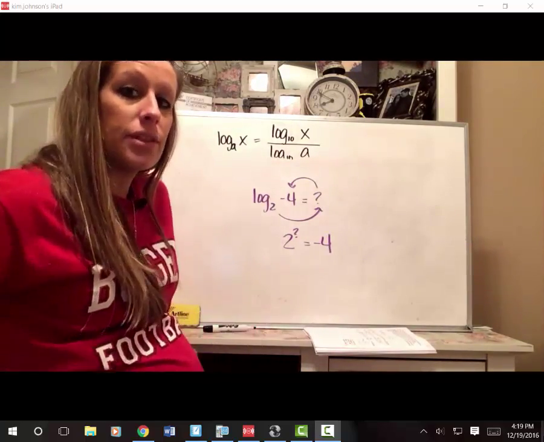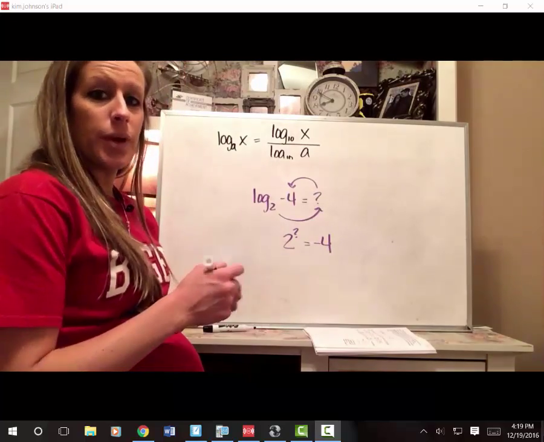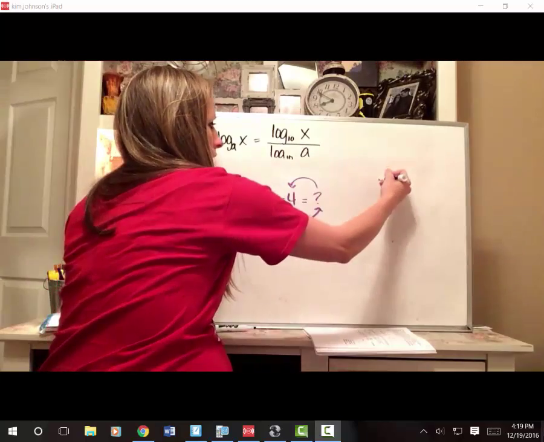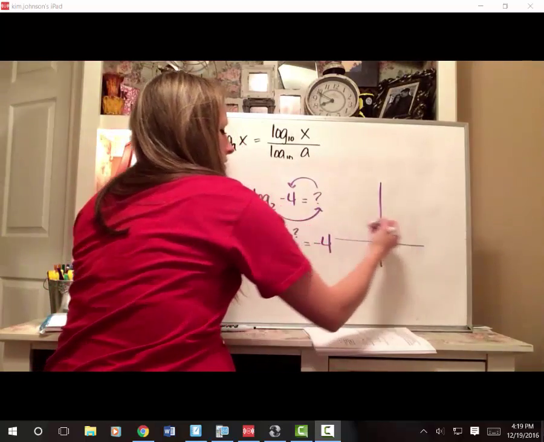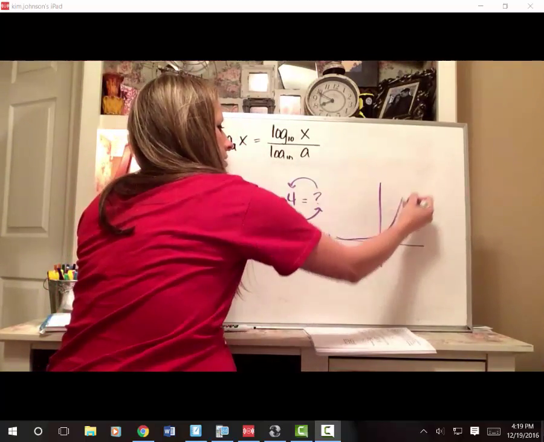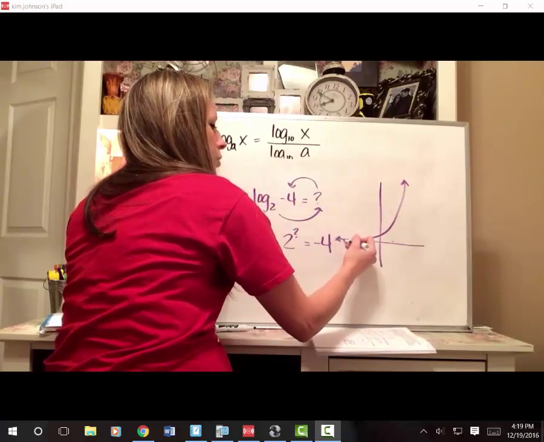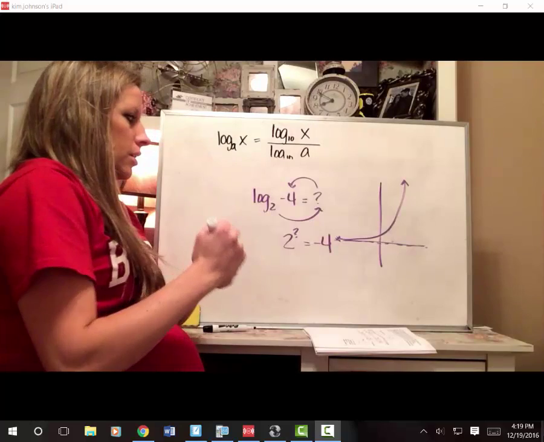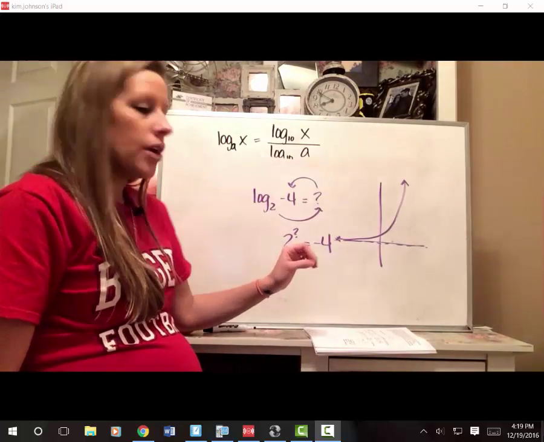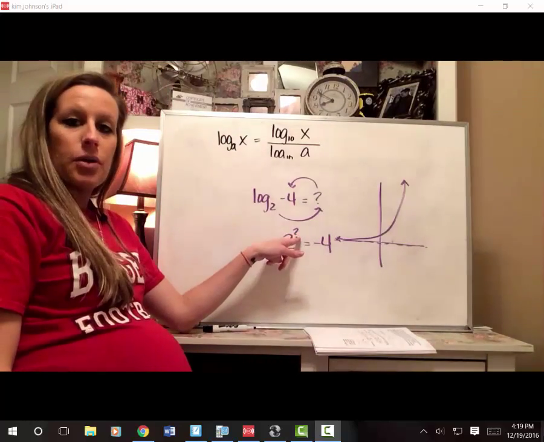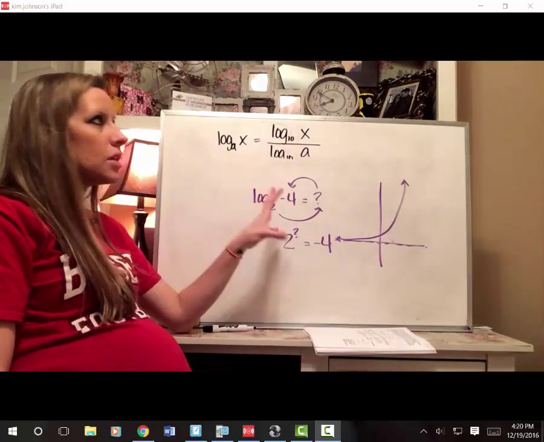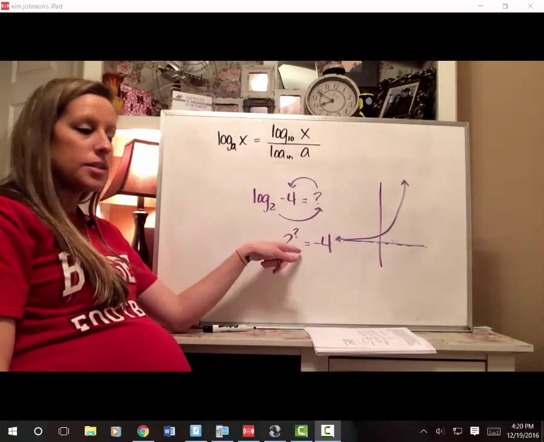We went over how to graph those. I think it was last Friday, where you get this exponential function that looks like this. Okay, and you have a horizontal asymptote at 0. You will not get a negative number no matter what exponent you have here, as long as your base is positive.